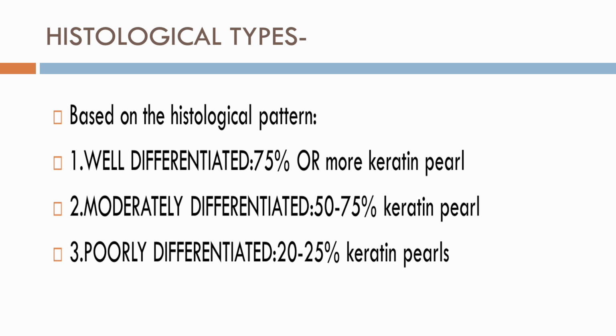One is the well differentiated type, where 75% or more keratin pearls will be seen. Second is moderately differentiated, where 50 to 75% keratin pearls will be seen. Third is poorly differentiated, where there will be only 20 to 25% keratin pearls.